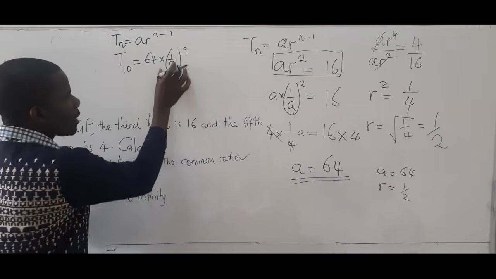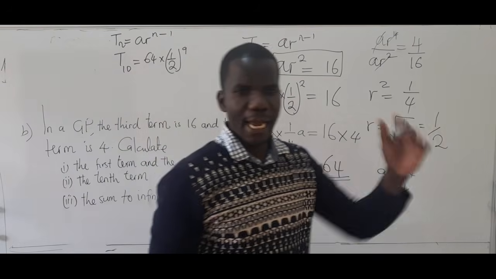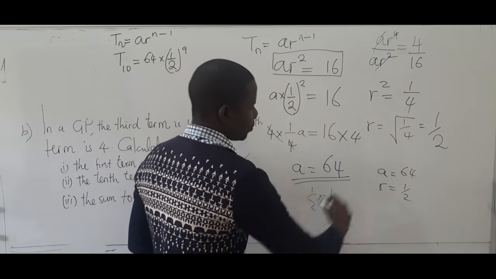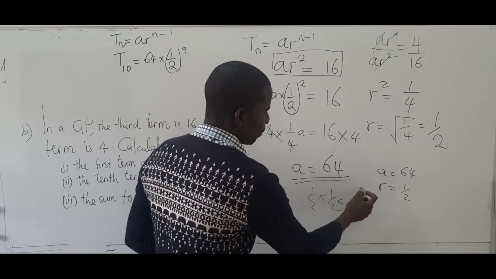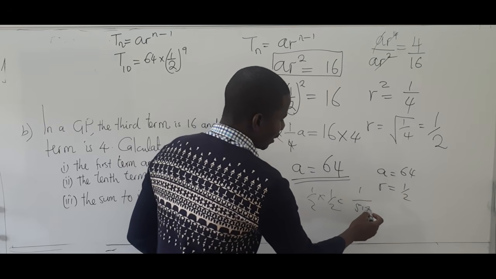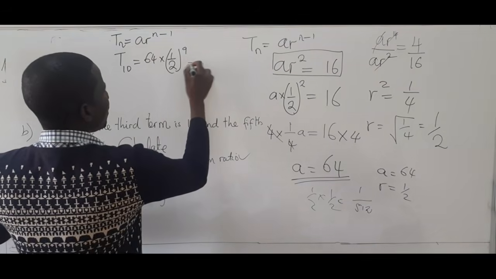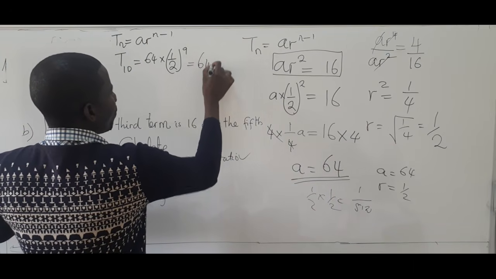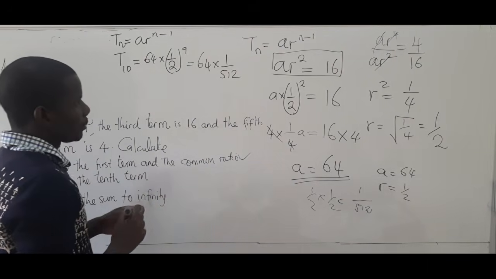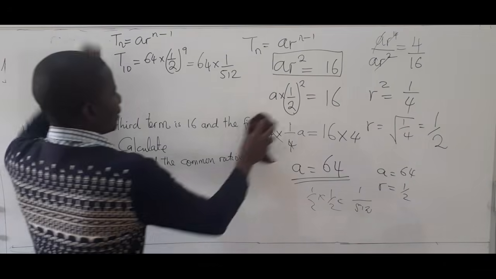When you multiply this 1 over 2 by itself 9 times, you will discover that on top you are going to get 1, and down here I'm going to get 512. So this is going to be 64 multiplied by 1 over 512.